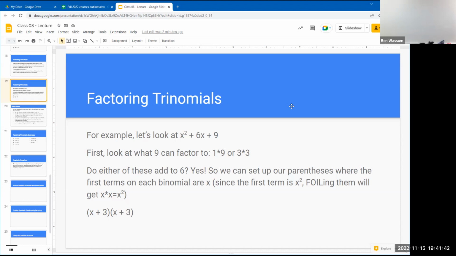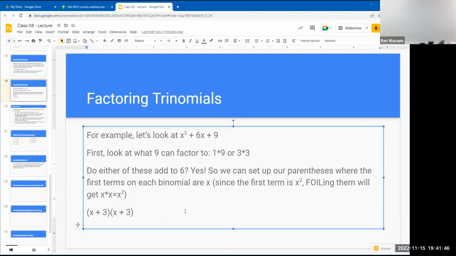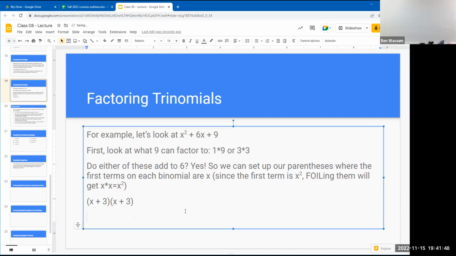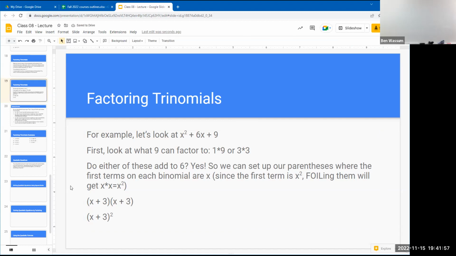Now, in this case, we do end up with x plus 3 times x plus 3. So it would actually be x plus 3 squared. Since you have 2 of it, you would want to leave it as that. But this will make a little bit more sense when we're getting into the actual examples.